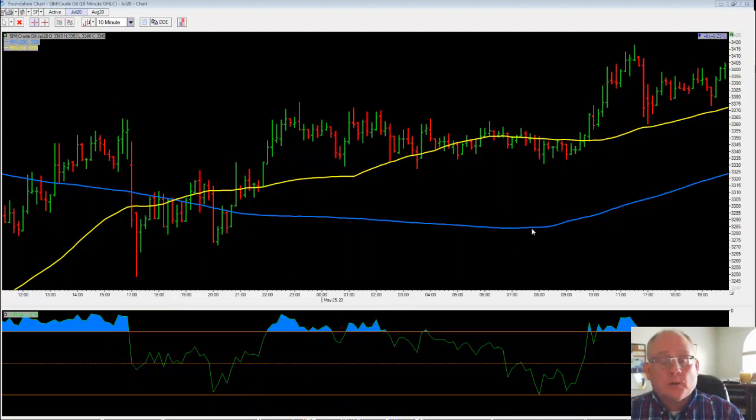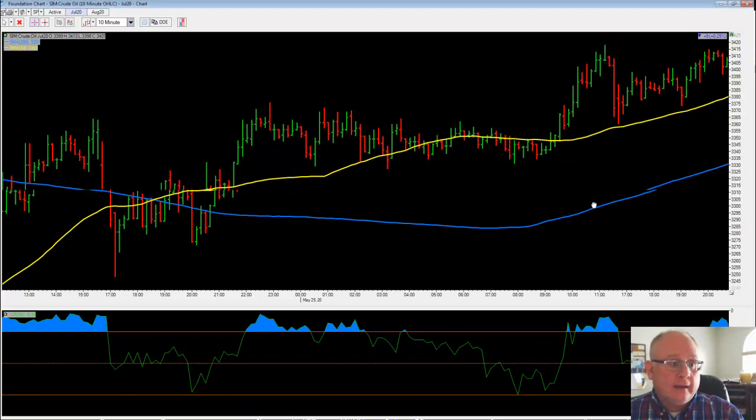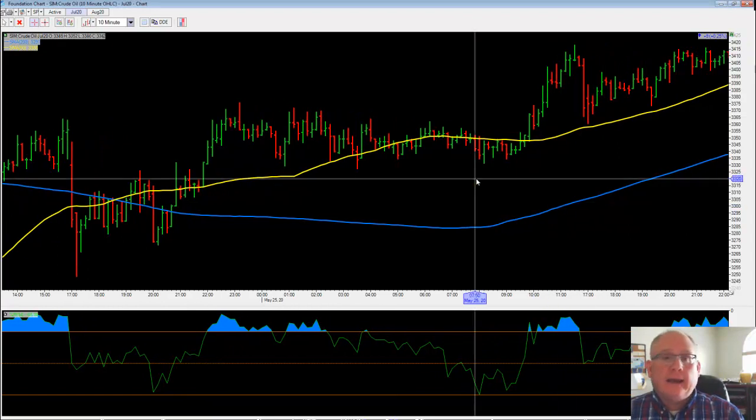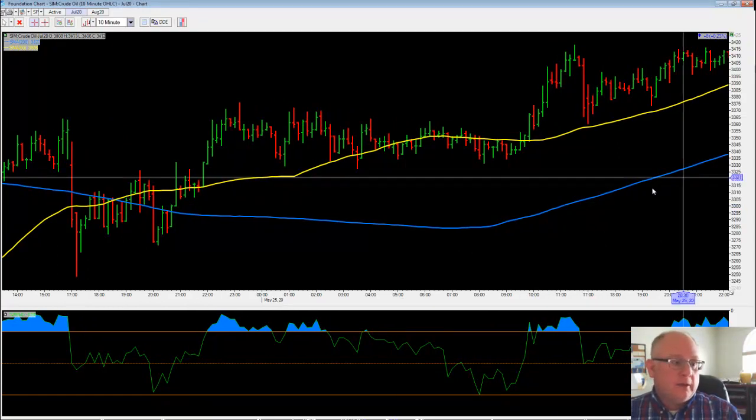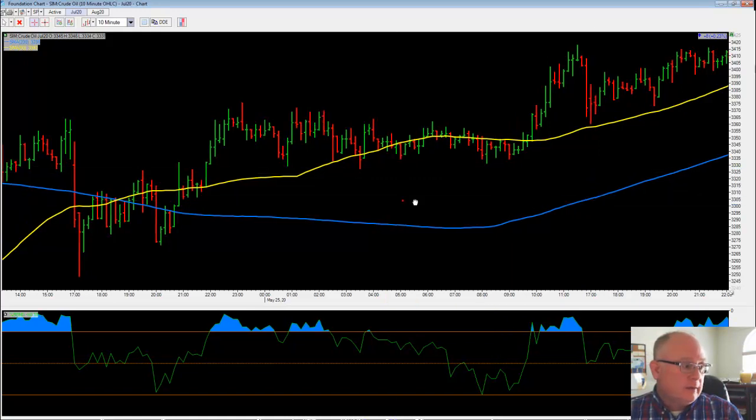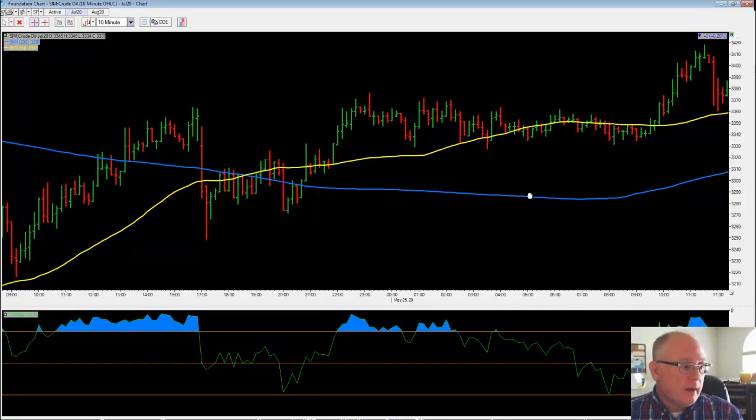And a lot of times you're looking for convergence and divergence, which is the best way that I can look at it. So let's look at a specific setup. Let's try to find some nice little setups here. For instance, let's look at this low.